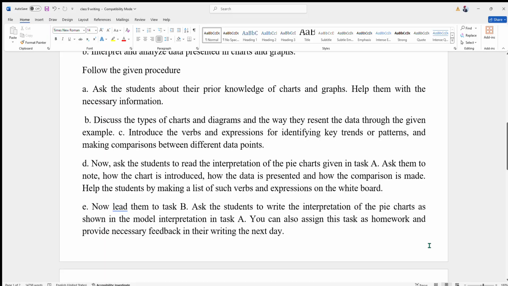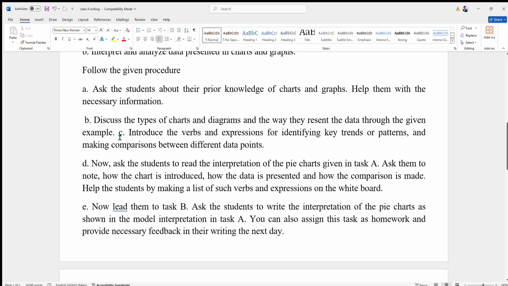Ask the students about their previous knowledge of charts and graphs. Help them with the necessary information. Discuss the types of charts and diagrams and the way they present the data through the given example.